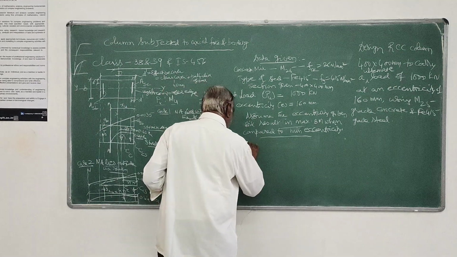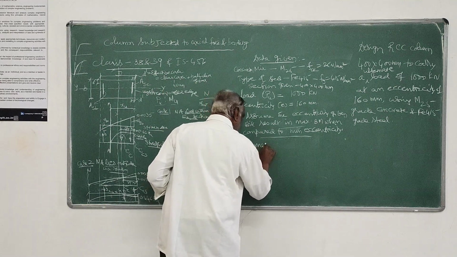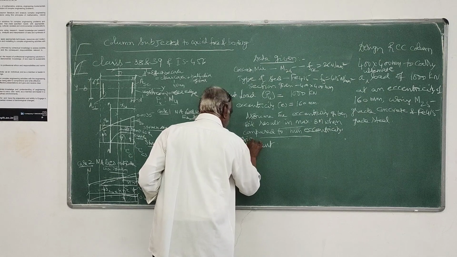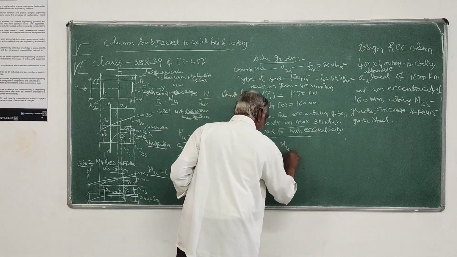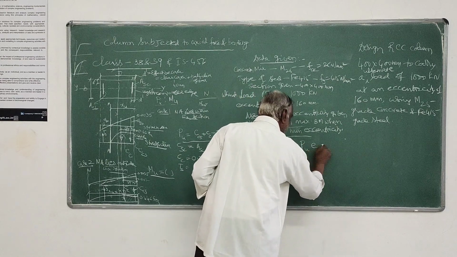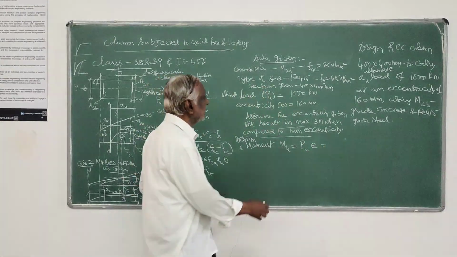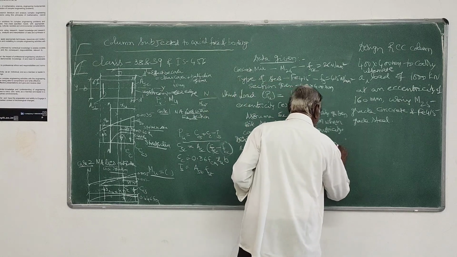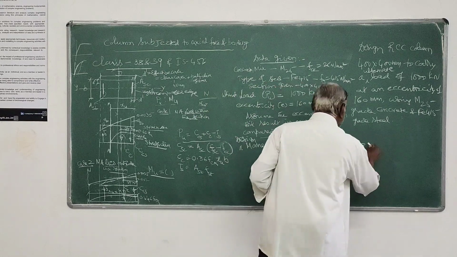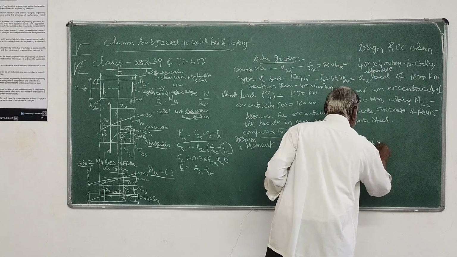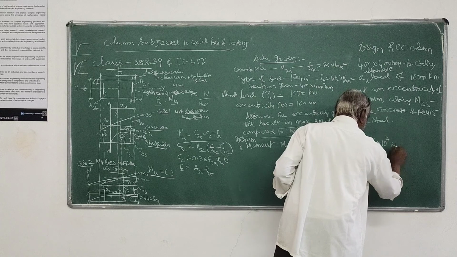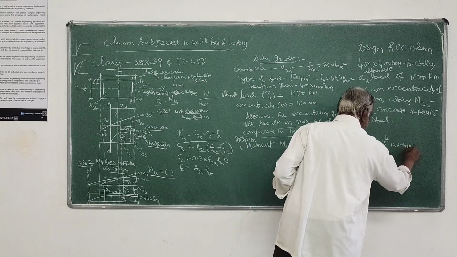Then design moment Mu will be equal to Pu into e. Pu is 1000 into e is 160, that is 16 into 10 to the power of 4 kilonewton millimeter.